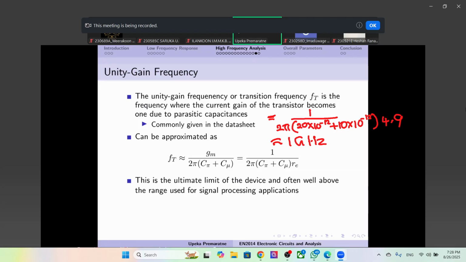And this kind of equation, you do not have to memorize, don't worry about that. Anyway, the transition frequency you do not need to calculate in real life. It will be given to you in the data sheet, right? You don't have to calculate it by yourself. So this is just given for the sake of an exercise.